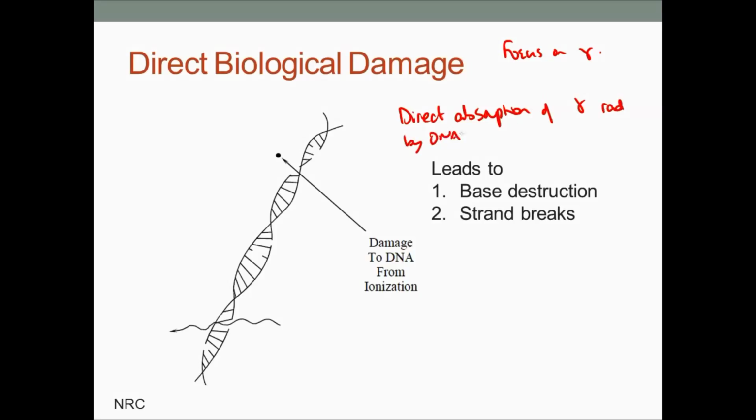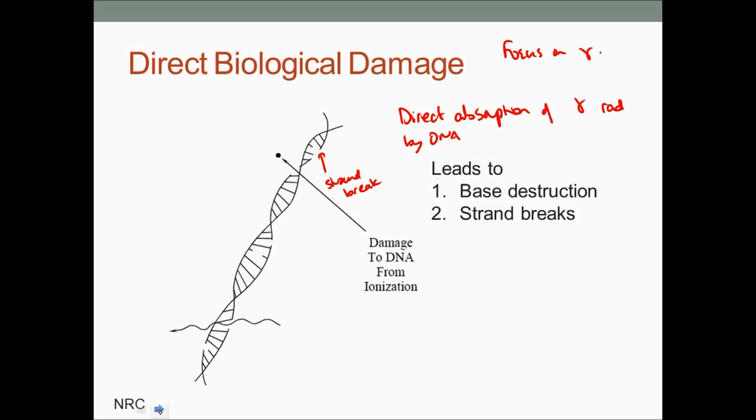What this does is lead to base destruction and strand breaks. You can either destroy the DNA bases, so now we have no base. It's like leaving a blank in your genetic code, which doesn't help. Or we can break the DNA backbone. So here we've got a strand break. This is very damaging.